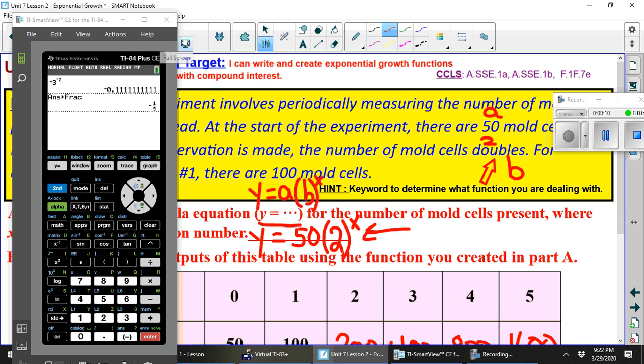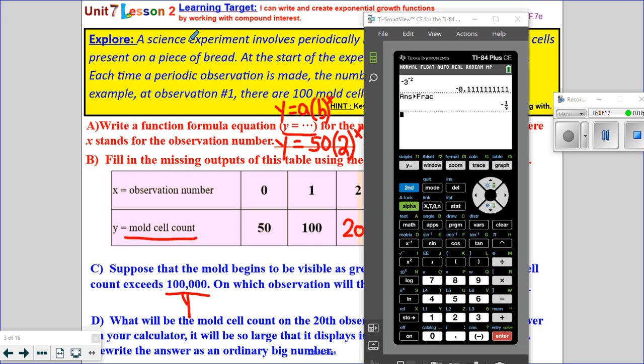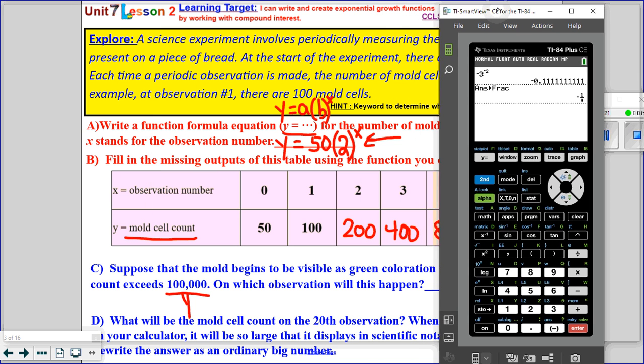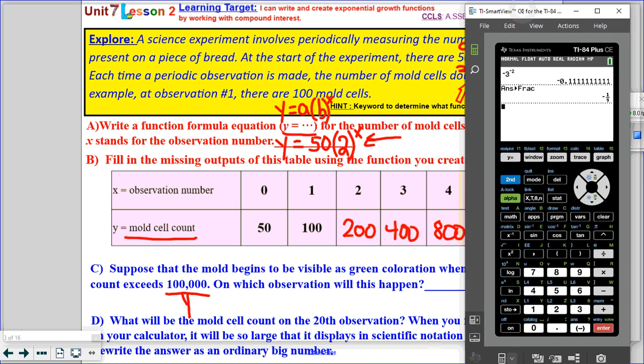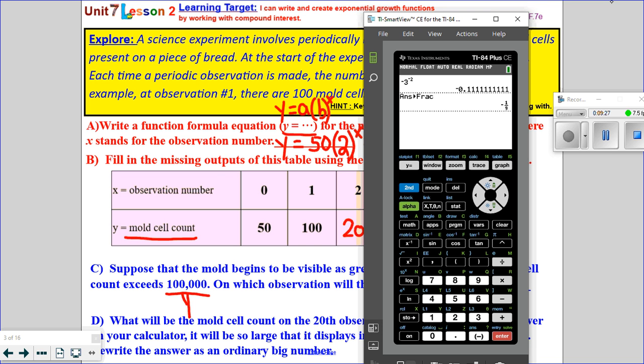All right, let me get full screen out again, please. Okay. So what you have to do here is just use the calculator, and that is really the main thing here. So you have the y equals, I'm going to clear that one out.